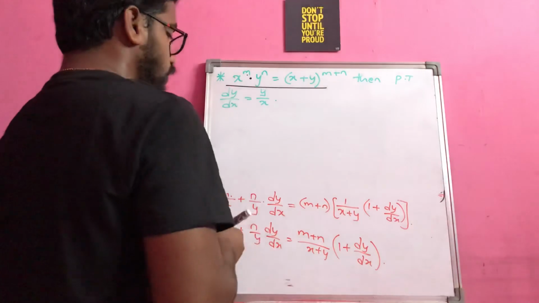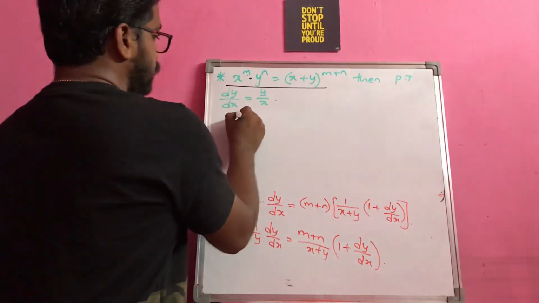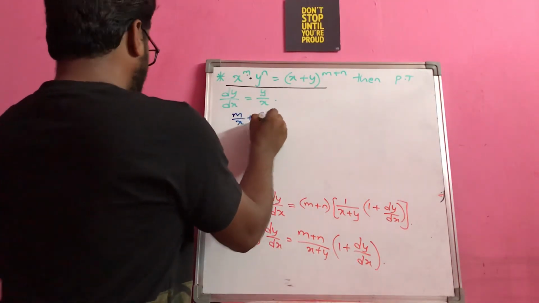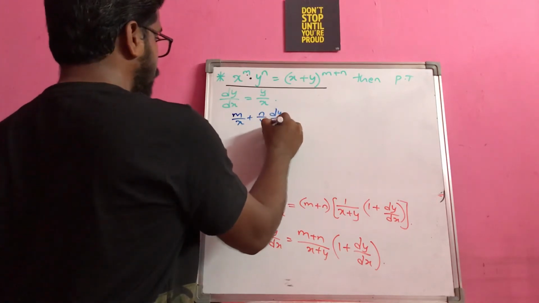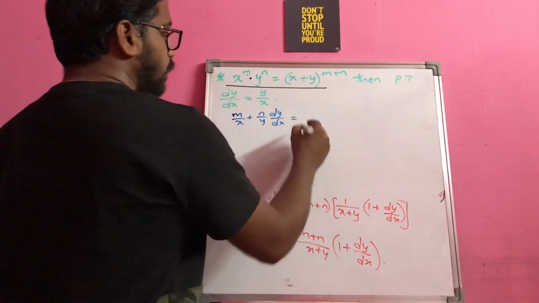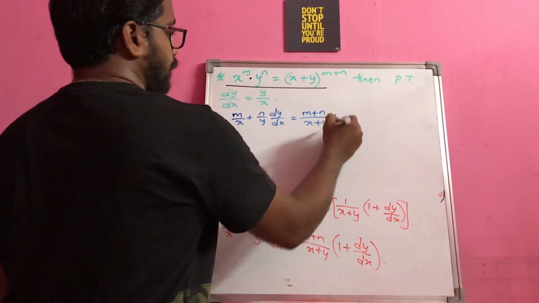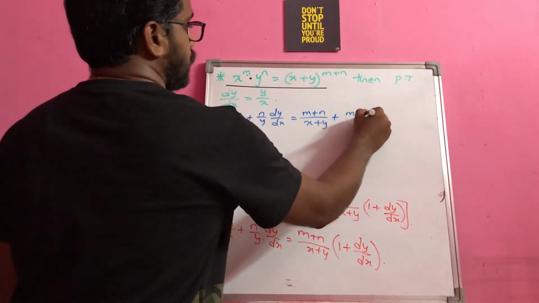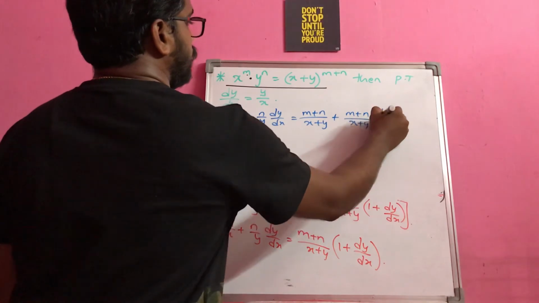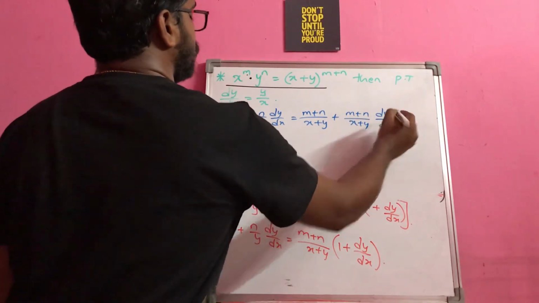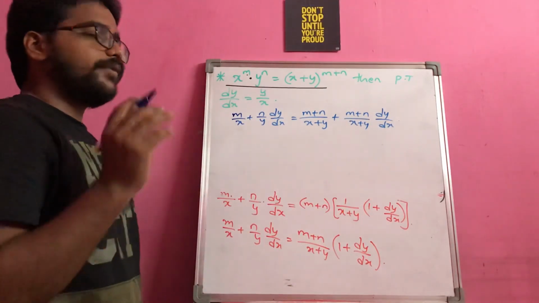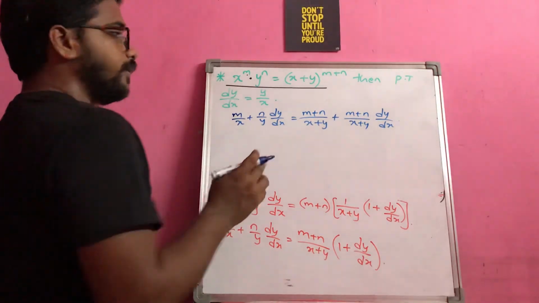So I will just multiply this first of all. m by x, n by y, dy by dx is equal to, multiplying with 1, you will be getting m plus n by x plus y, plus m plus n by x plus y into dy by dx. So our requirement is to find the value of dy by dx.